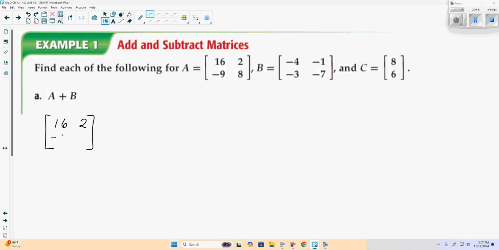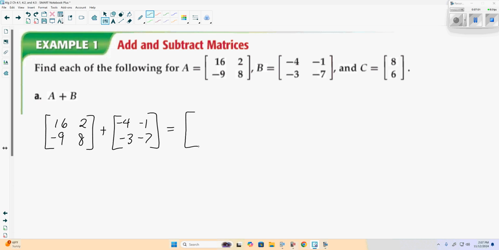So for the first one here, we're going to add matrices A and B together. Matrix A, they gave it to us in the instructions, is this here. Matrix A is a 2 by 2. Matrix B is a 2 by 2. Since the dimensions are the exact same, we can add them together.